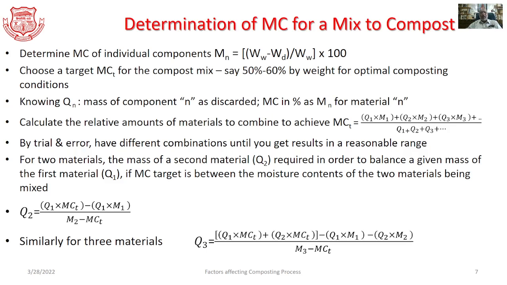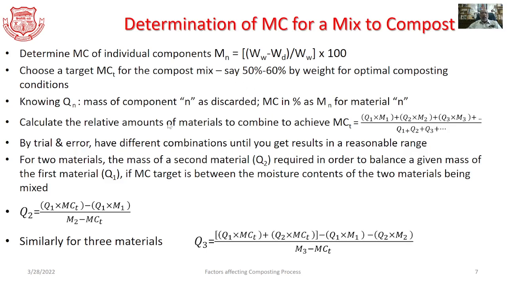So wet weight minus dry weight divided by wet weight, multiplied by 100, we can work out the moisture content of the individual components. According to the experience, we wish to have the target moisture content of 50 to 60% by weight for optimal composting conditions.